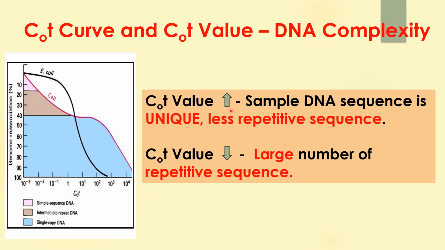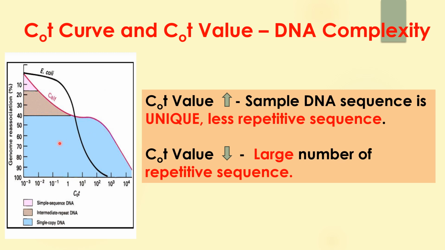This depends upon the individual DNA, like the calf DNA. Whereas if the COT value is lesser, that indicates a large number of repetitive sequences. Less repetitive sequence for more COT value and large repetitive sequence for less COT value. I hope this is clear.